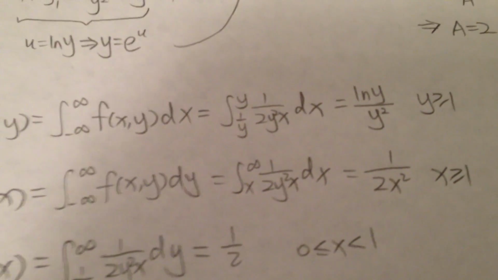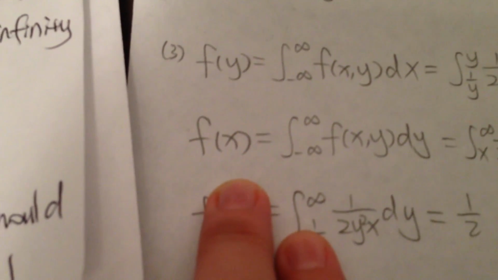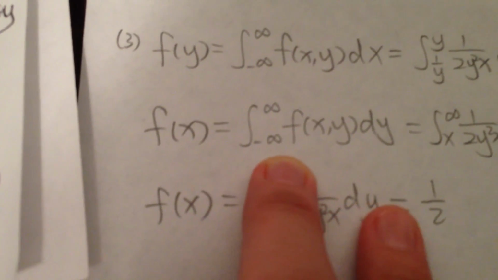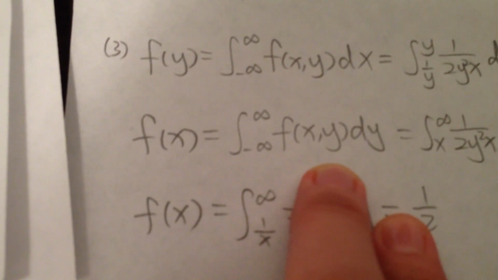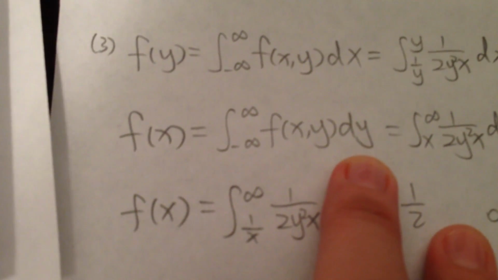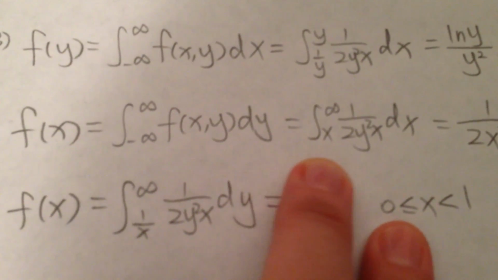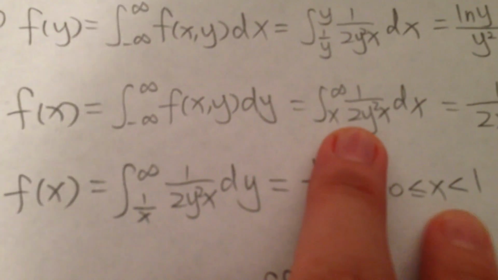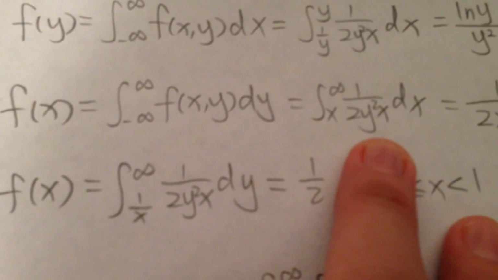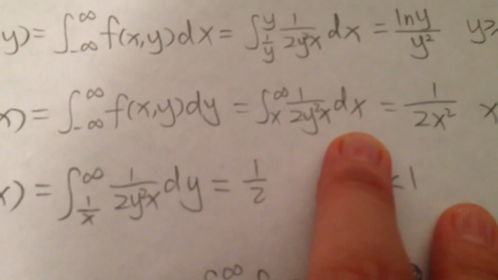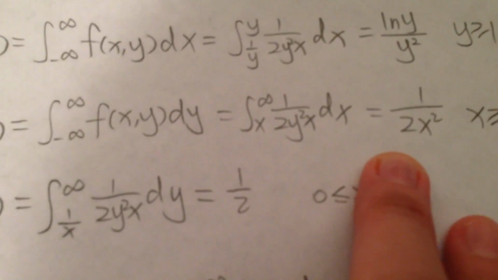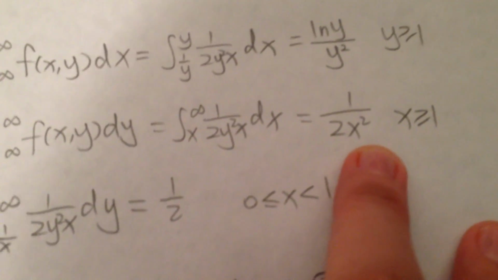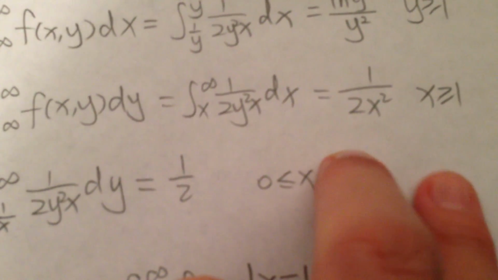Then the marginal function of x should be the integral from minus infinity to infinity of f(x,y) dy, and this should be the integral from x to infinity of 1 over 2 times y squared times x dy, and this equals 1 over 2 times x to the power of 2 when x is larger than 1.